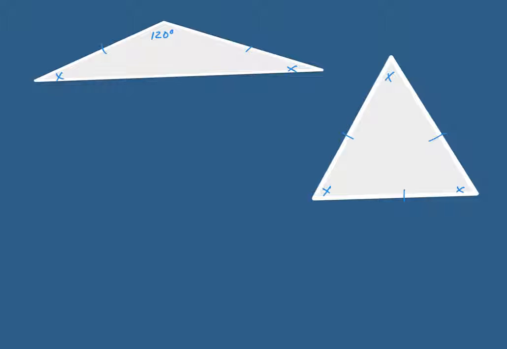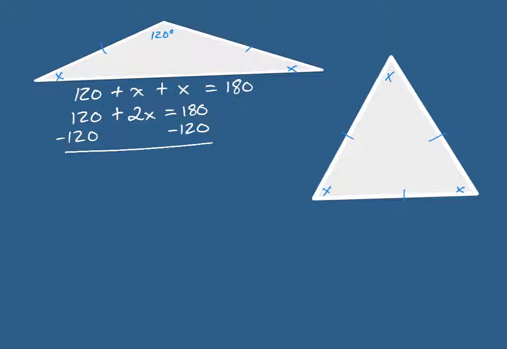Okay, so let's start to go over it here. First, tackling the big triangle on the left, we have 120 plus x plus x should equal 180. Then we have 120 plus 2x equals 180. Then we're going to minus 120, we're going to minus 120.